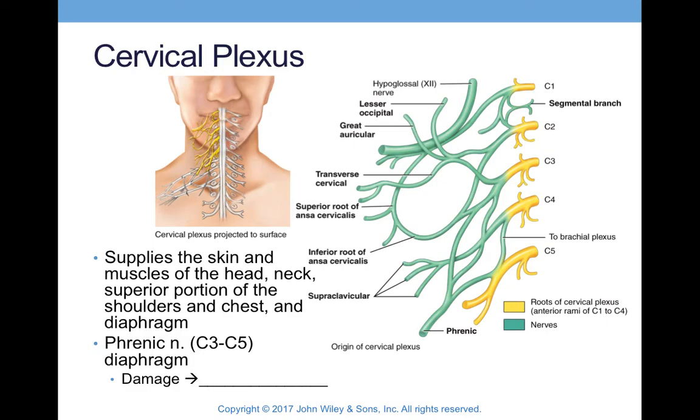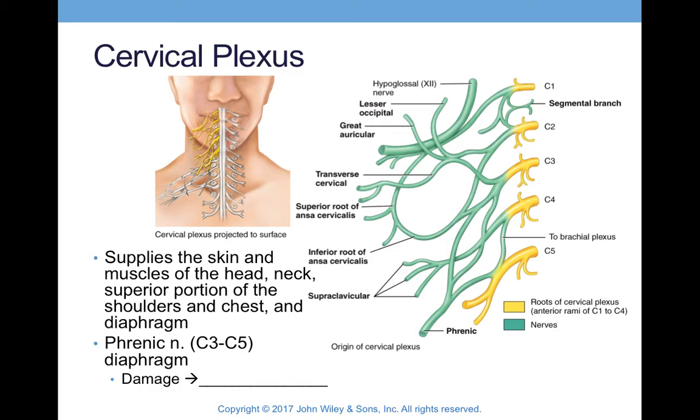All right. The cervical plexus supplies the skin and the muscles of the head, neck, and upper part of the shoulders. It connects with some cranial nerves and supplies the diaphragm as well. The nerves bear names that are often descriptive of general regions that they supply or the course they take in emerging from the plexuses.